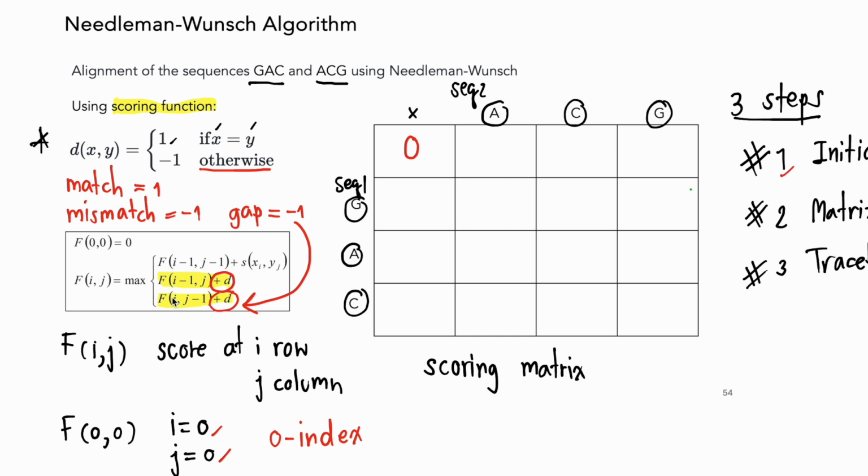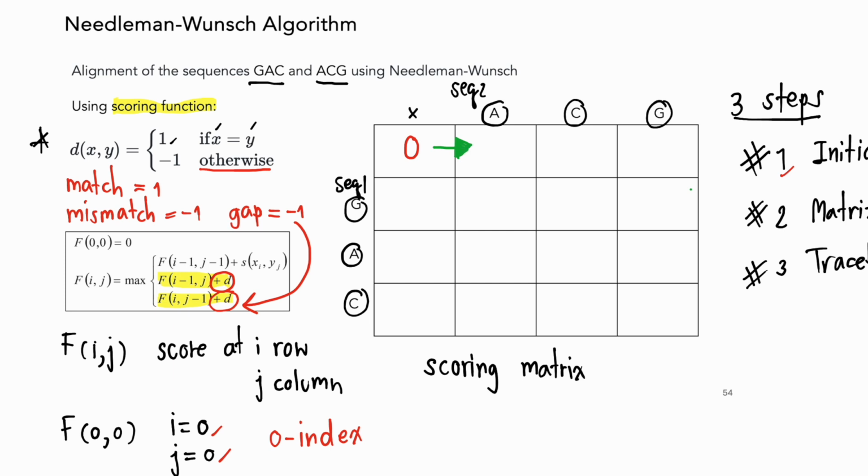So we will put the score for the first row and the first column by using the gap value. For the first row first, I put the arrow. Every time you put the score in, you have to put an arrow to indicate the direction of the score.